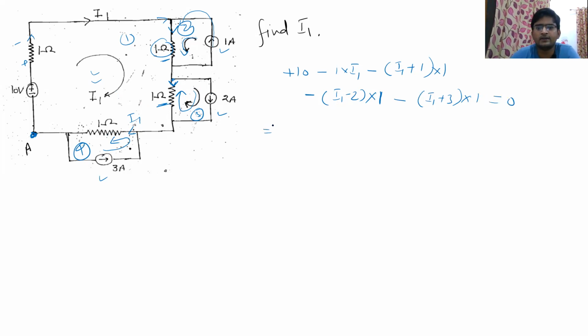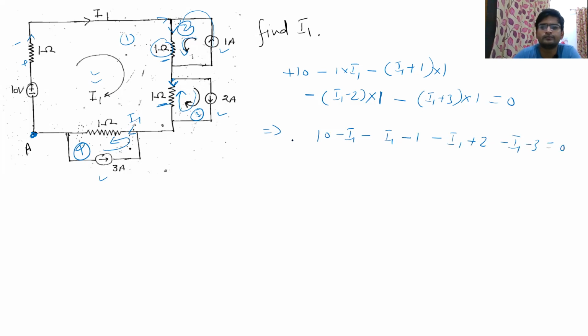Now let's expand it, and we will have 10 minus I1 minus 1 minus I1 plus 2 minus I1 minus 3 is equal to 0, which means how many I1s? 1, 2, 3, and 4. 10 minus 4I1, and how many negative numbers?